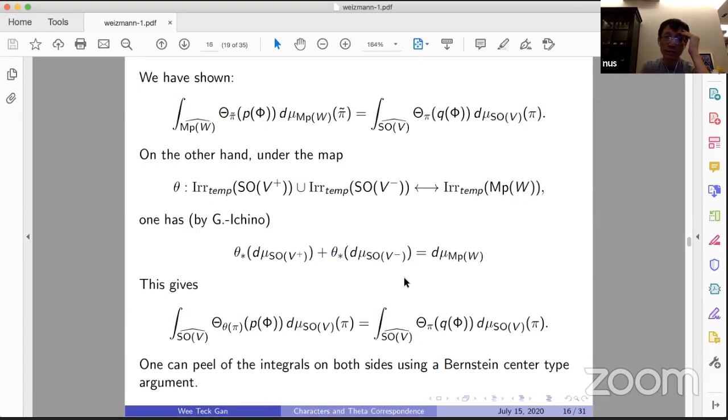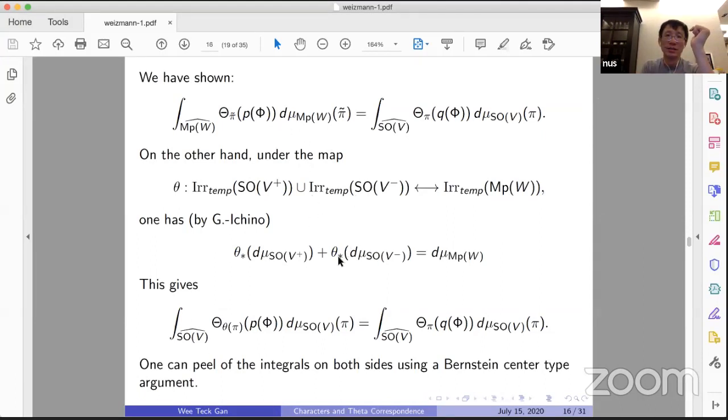And this is how we can replace this integral over MP W hat. Because you have this Plancherel measure here, suppose you just replace it by that. You will break this integral into a sum of two parts, the plus part and the minus part, namely the one that is in bijection with SO V plus and the other part with SO V minus.